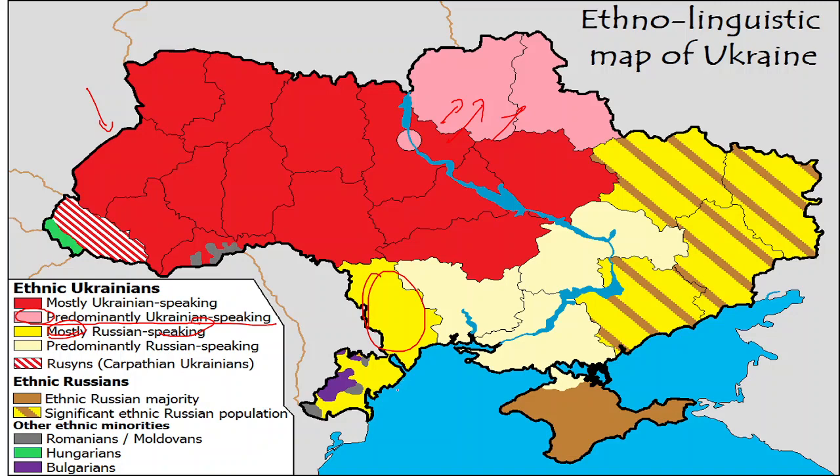Here is the Russian speaking area, and here significant Russian speaking people are present. As I was saying initially, this Odessa region is also dominated by Russian linguistic people, a Russian linguistic majority. That is why Crimea was taken; this is Crimea.